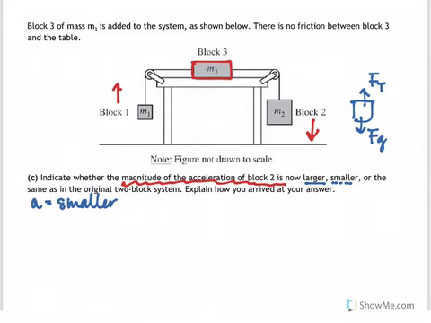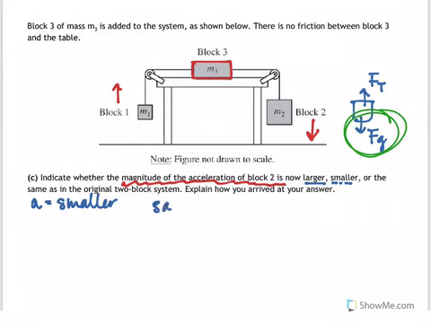Now we know that force of tension has changed because we have another block in the system that's changing things, but we still have the same applied force that's going to cause the system to accelerate.